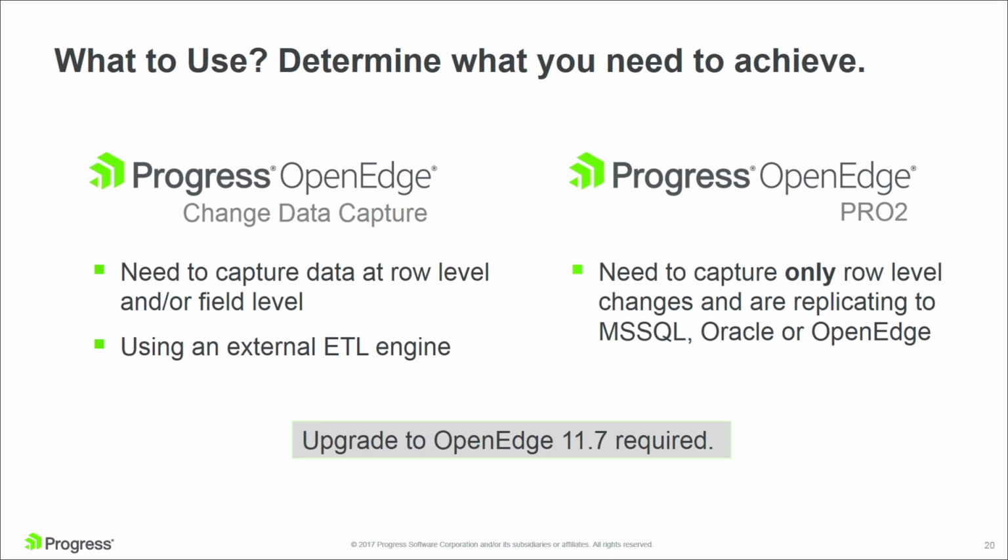Also, Pro2 can write to a SQL Server DataServer database, an Oracle database, or another OpenEdge database. So those are really the limitations of Pro2 from that perspective. When you're looking at the two, that's part of what you want to look at in terms of what is my business requirement, what am I trying to solve, and which tool can help me solve that problem.